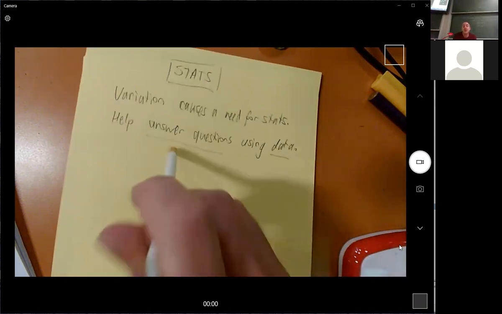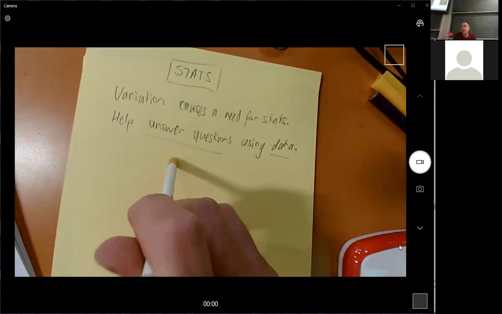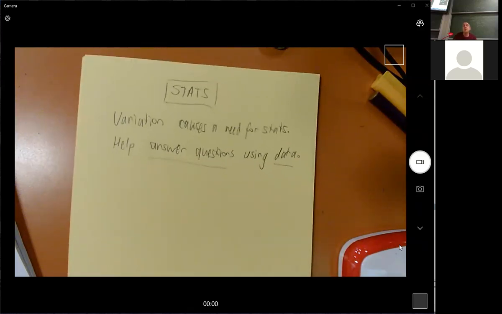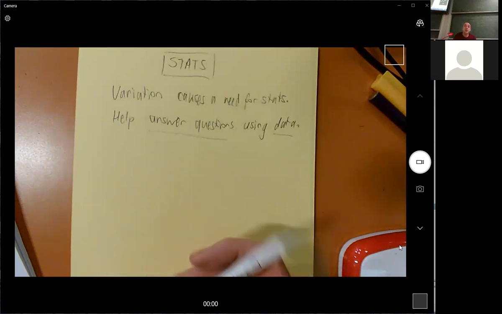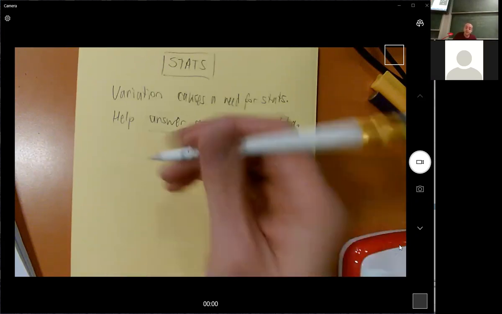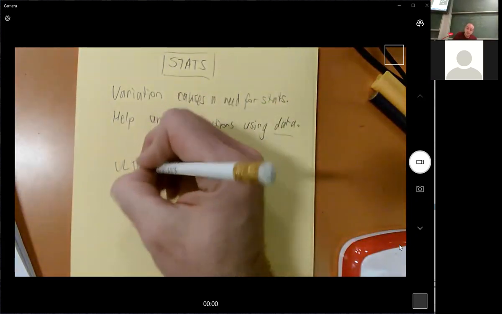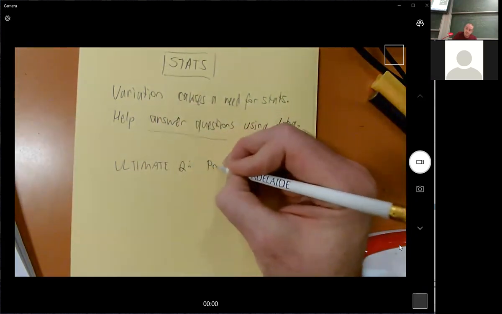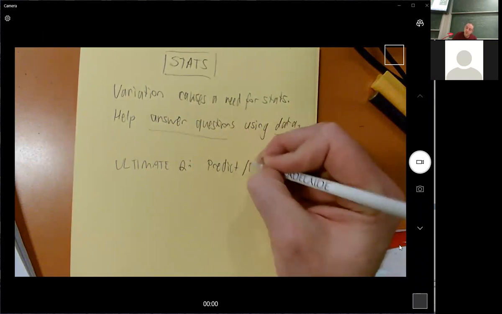And there's different kinds of questions you can answer. The most ultimate kind of question that statistics is usually trying to answer is to predict something. Or possibly explain.